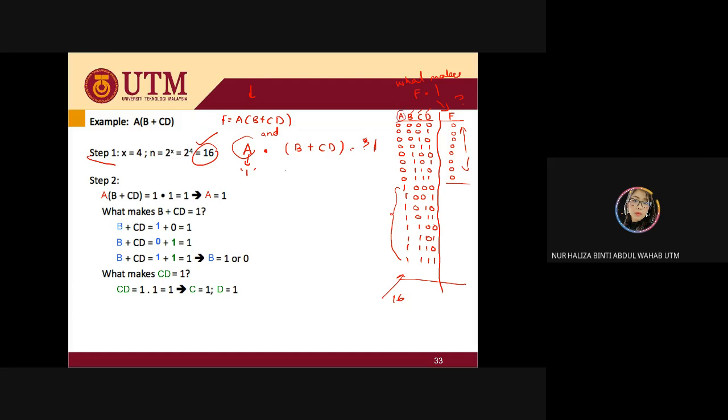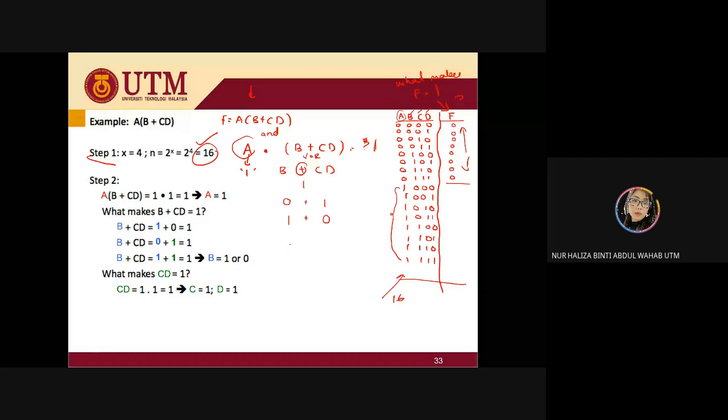Now we have B plus C, D. We want it to be 1. And this is an OR gate. You're going to get 1 if your B is 0 and CD is 1, or your B is 1 and your CD is 0, or you're going to have 1 and 1.